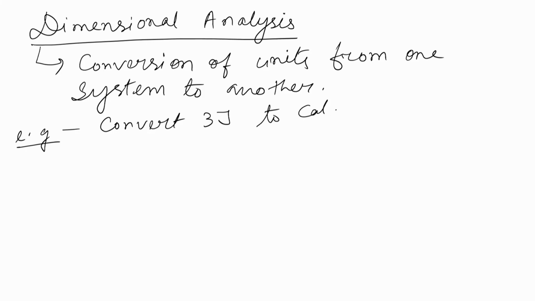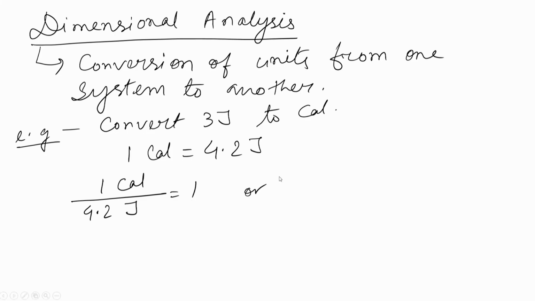to calories. Okay. So the relation between joule and calorie is 1 calorie equals 4.2 joule. So we can write 1 calorie divided by 4.2 joule is equal to 1, or 4.2 joule divided by 1 calorie is equal to 1, right? So we have 3 joules.